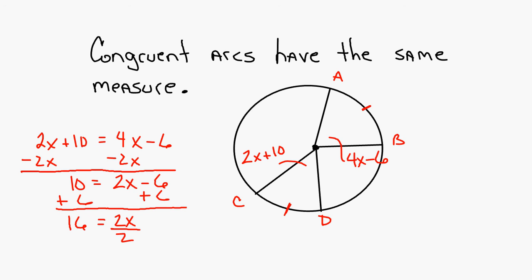Divide both sides by 2. 8 is equal to x. There's your value of x. So this angle measure would be 2 times 8 plus 10, 26 degrees. Any questions? No.